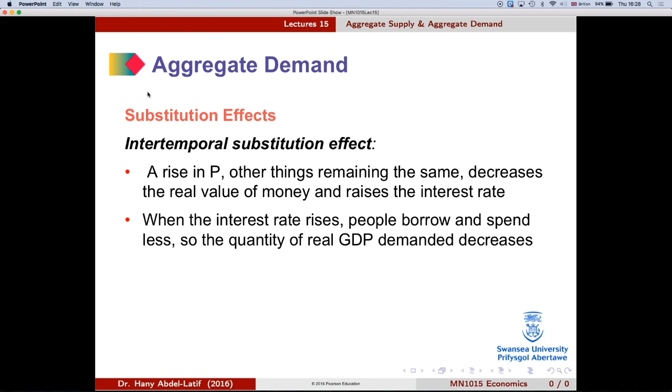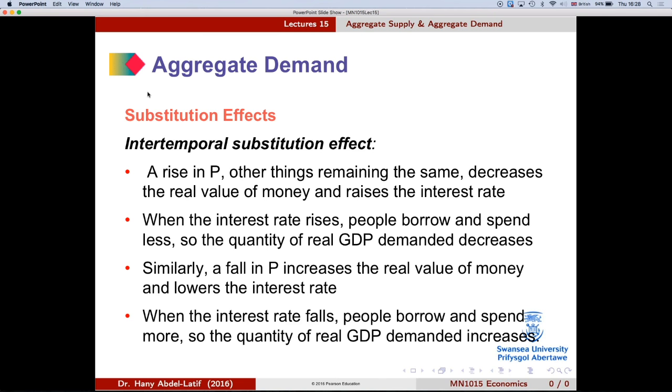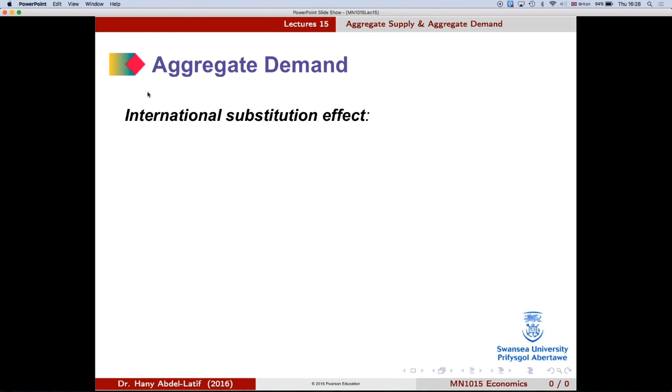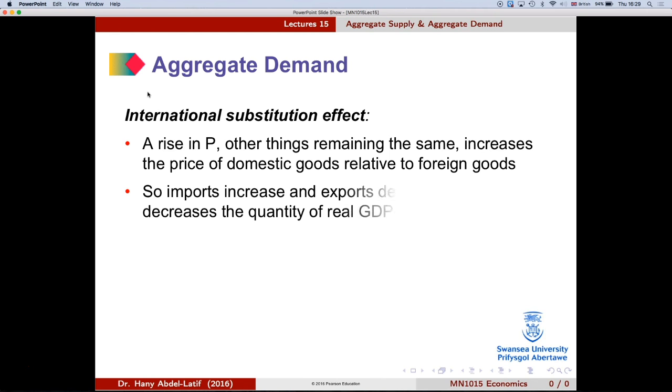Of the substitution effects, the first one is the intertemporal substitution effect, which as I said happens through the effect on the interest rate. The second one is the international substitution effect, and this means when the price level increases, and again we'll assume that other factors remain the same, this will increase the price of domestic products compared to foreign products. So what is the impact on the aggregate demand?